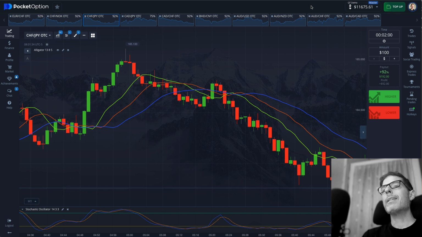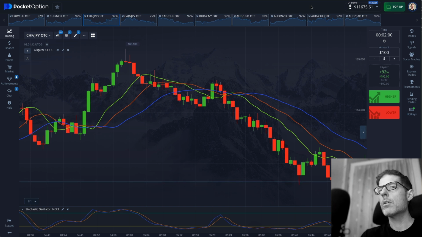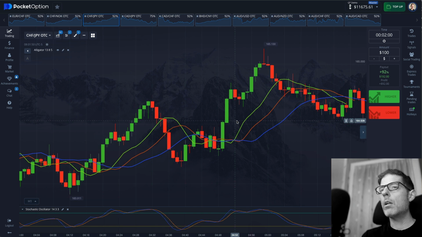Okay, now the Alligator indicator is really very similar to a moving average. It's just there's 3 moving averages on the Alligator indicator. It's just an average on how the price is moving on the charts. That's all it is.